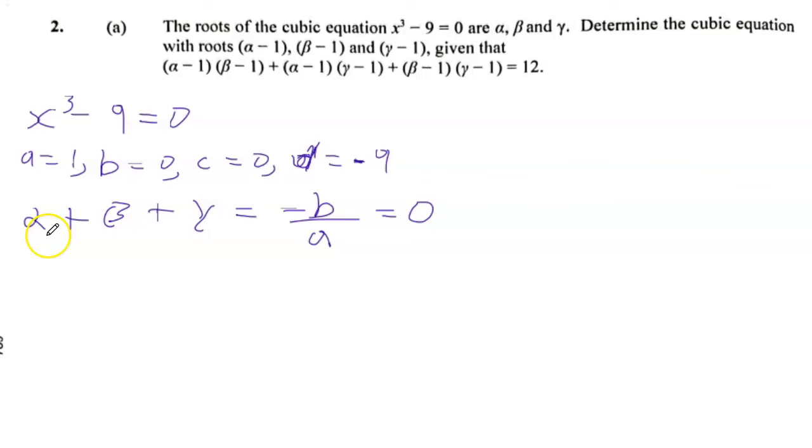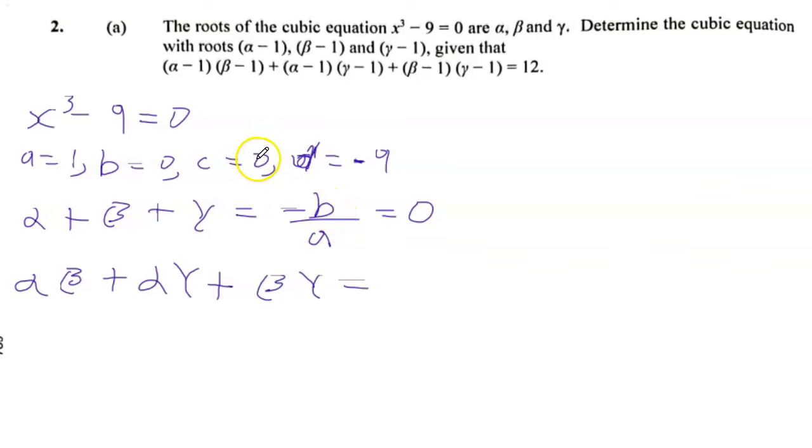We also know that the sum product, which will be alpha beta plus alpha gamma plus beta gamma, is equal to c over a.